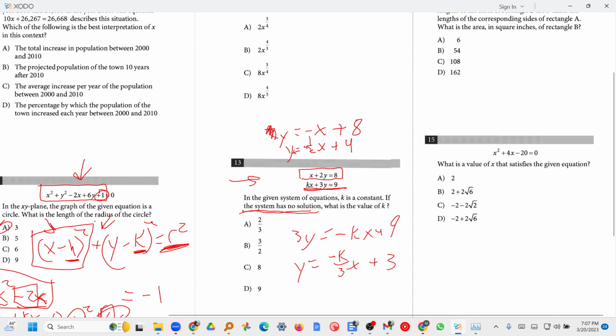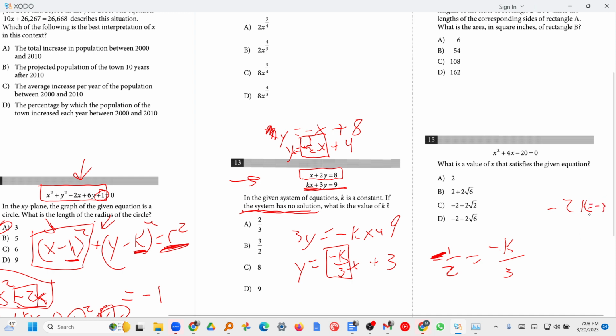And now, because I know that these lines are parallel, the slopes have to be equal. So the slope of this line is negative 1/2. Basically, that has to be the same thing as this. So negative 1/2 has to equal negative k over 3. At this point, I can cross multiply. 2 times negative k is negative 2k, and 3 times negative 1 is negative 3.